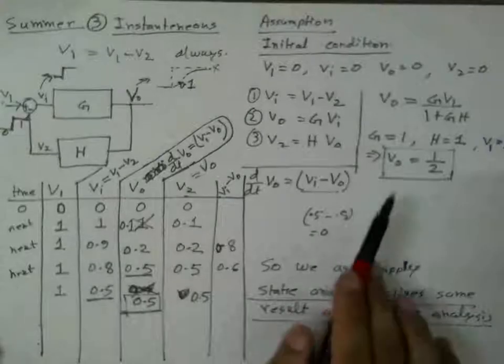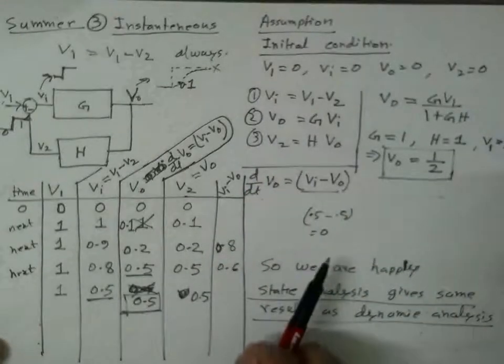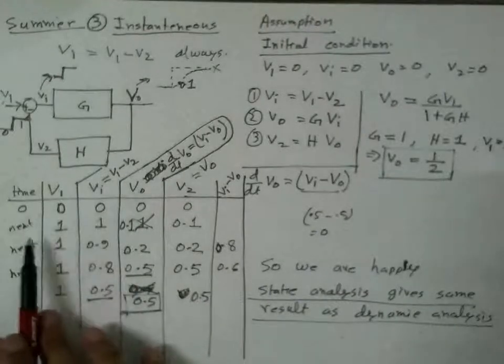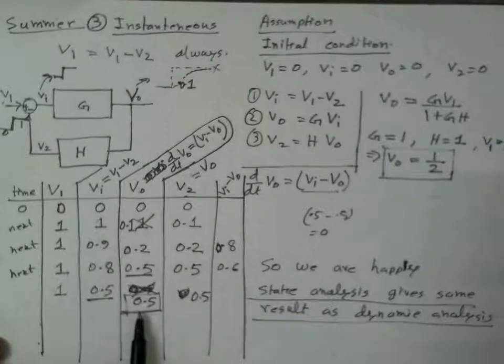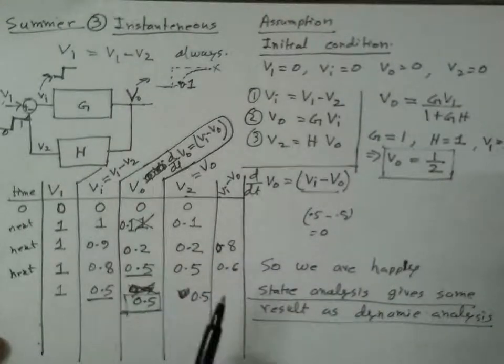The value of VO that we obtained by solving this set of linear equations is the same as the value that the circuit will eventually land up to by slowly modifying the VO from one value to the other.